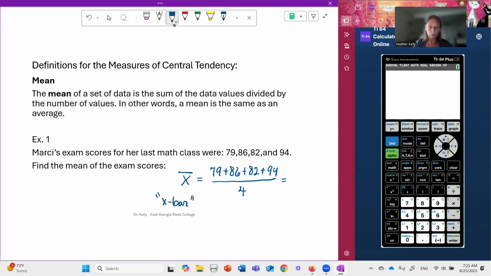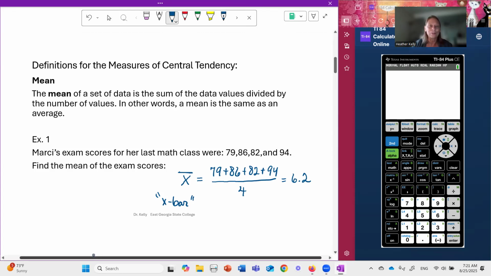When you do that math, you get, sorry, my bad, I looked at the absolute wrong thing. Okay, let me get a look here. This gives us 85.25.